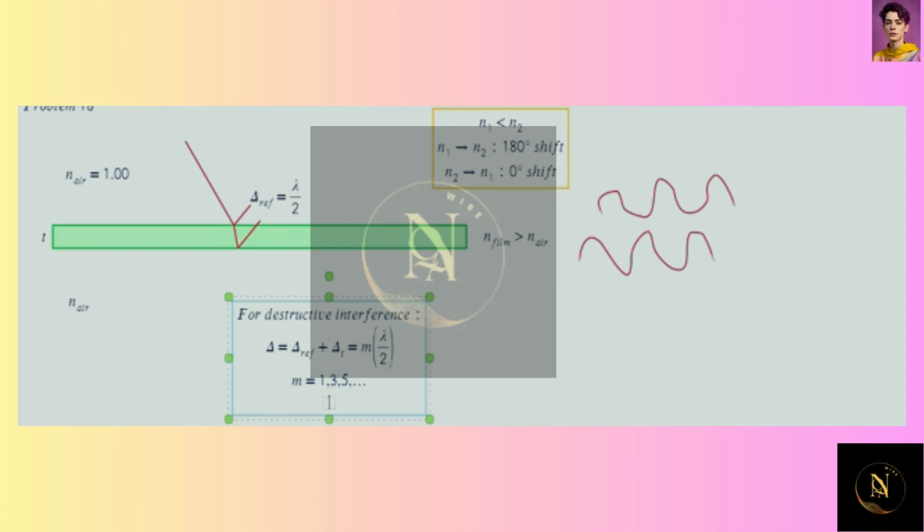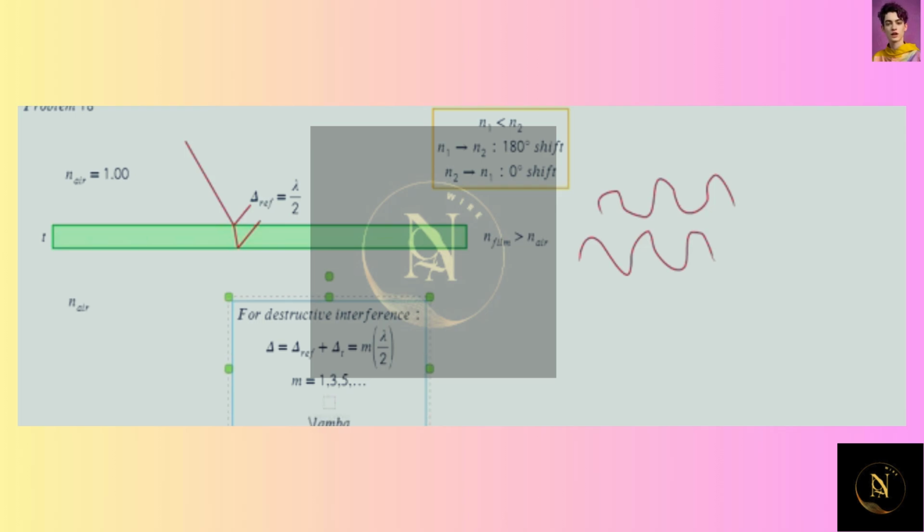Now, delta reflection, right? At this boundary, the wave gets out of phase. It gets shifted by 180 degrees. So instead of writing that, we're going to describe that shift by lambda over 2. So that's already an odd multiple of half wavelengths. So the only way this odd multiple of half wavelengths could be added with delta t to give us an odd multiple of half wavelengths, that implies, okay, so let's write this out.